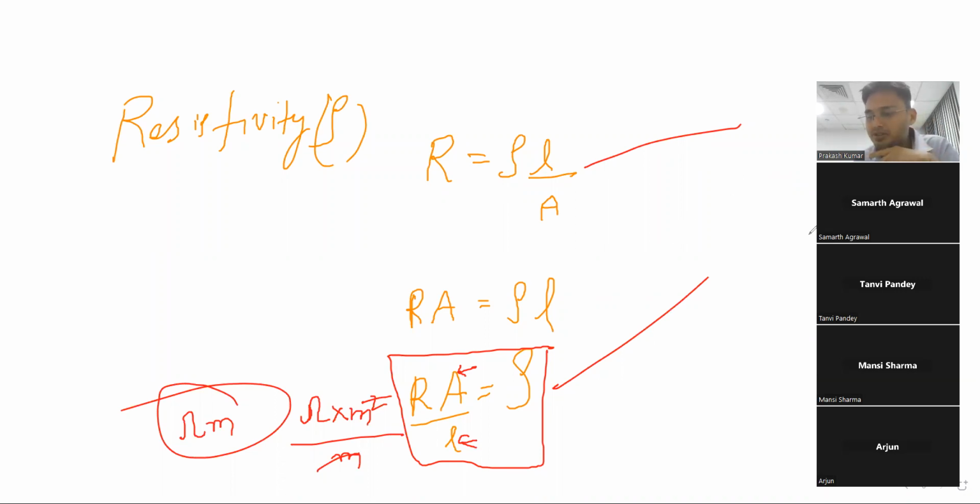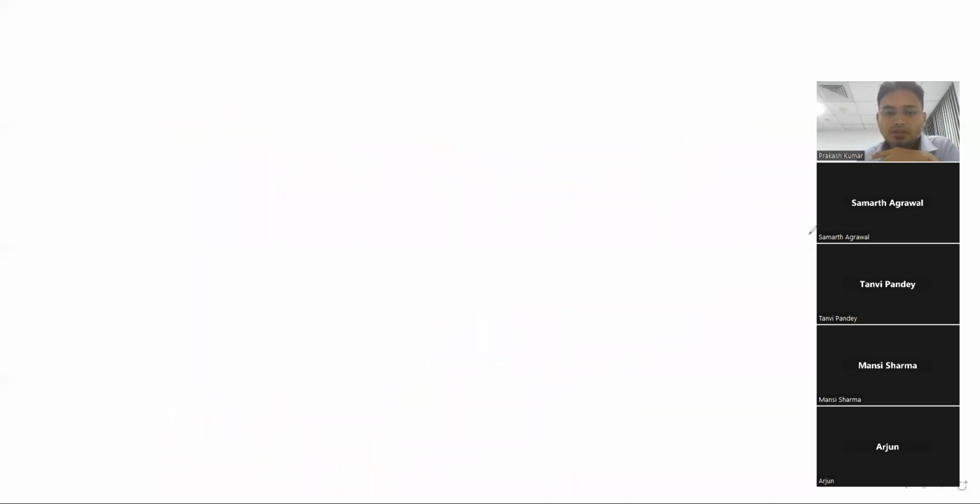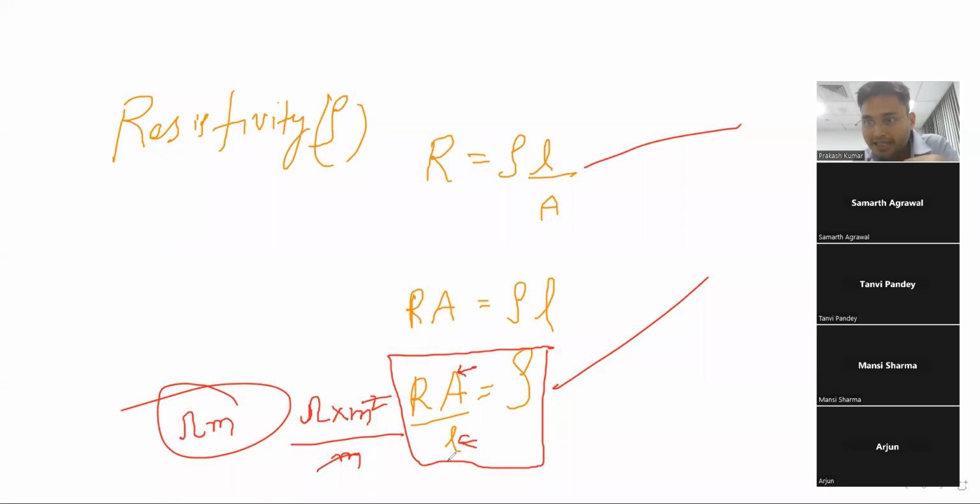Now next point. Why is it constant? I just said rho equals RA by L. From this formula only. All of you clear?